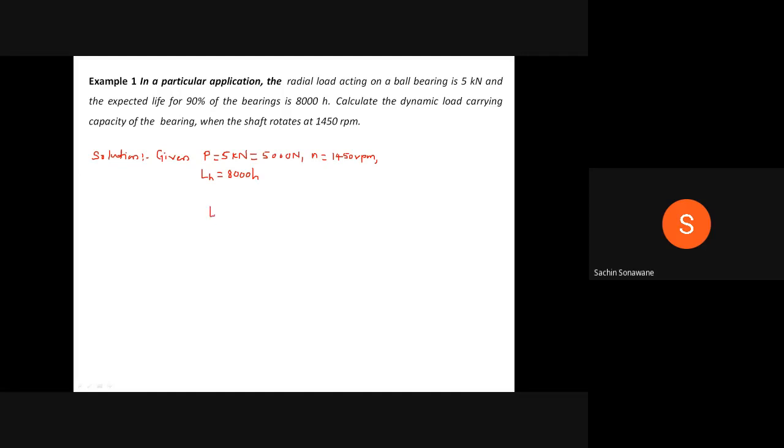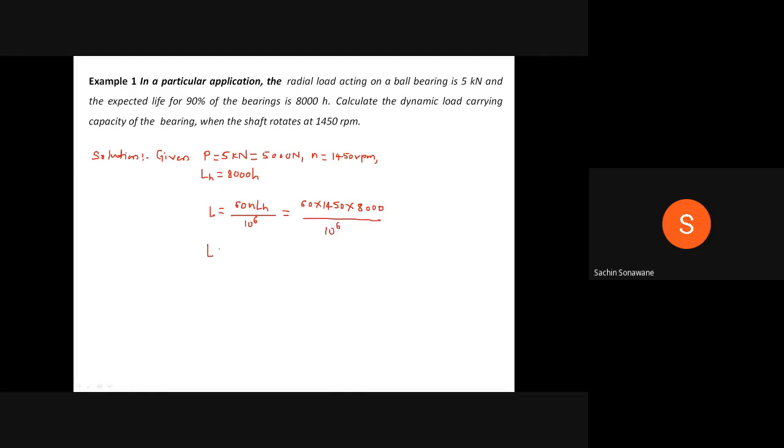Now first of all we will calculate L, that is life in million revolutions. Therefore L is equal to 60 into n into Lh divided by 10 raised to 6, which is equal to 60 into 1450 into 8000 divided by 10 raised to 6.